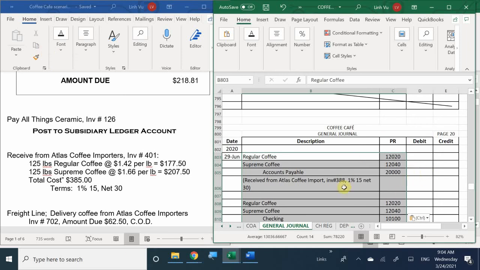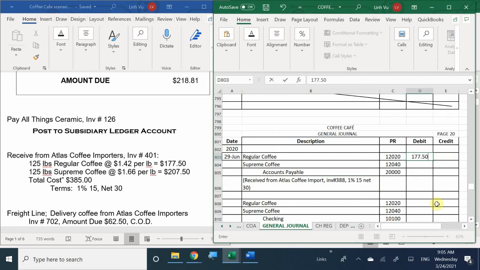So, what was the amount for my regular coffee? $177.50. Okay, and what was the amount for my supreme coffee? $207.50, bringing me my grand total. So if I were to add these up, I should have a grand total of $385 even.